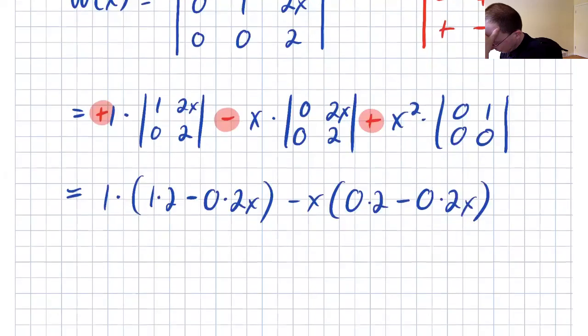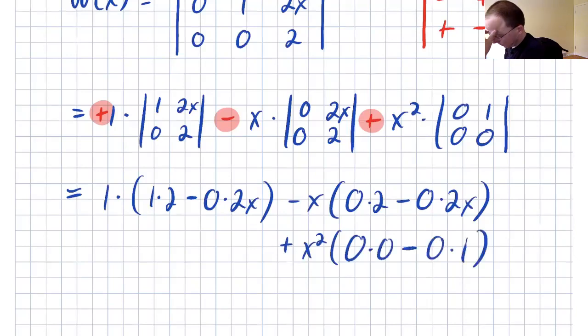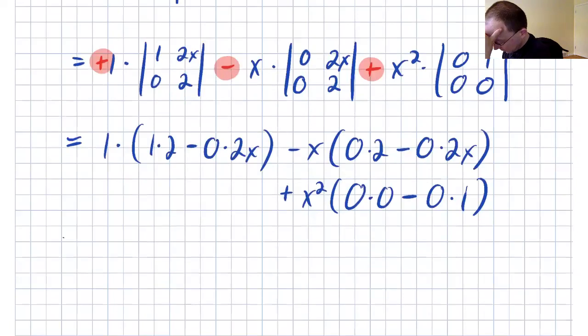And then we have plus x squared times 0 minus 0 times 1. And we end up getting, let's see, this will be 0, so those go away, and here we're just left with 1 times 1 times 2, so that is 2.